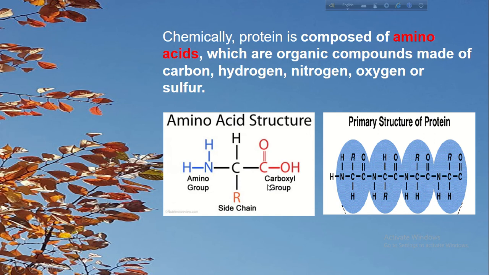Here you have to know that as of now a total of 22 proteinogenic, that is, protein-building amino acids, combine into peptide chains, polypeptide chains, to form the building blocks of a vast array of proteins. So this carbon, hydrogen, oxygen and nitrogen is attached to the polypeptide chains.